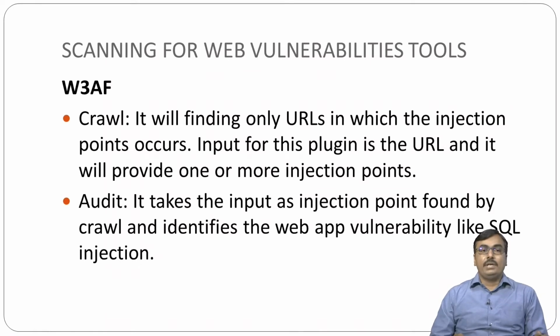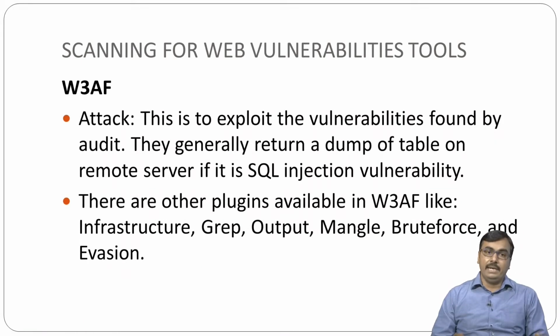Then the audit plugin. The audit plugin takes as input the injection points found by the crawler, and identifies web app vulnerabilities like SQL injection. And the third one is attack. Attack exploits the vulnerabilities found by the crawl and then audit.